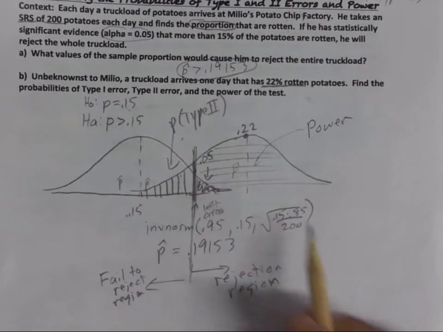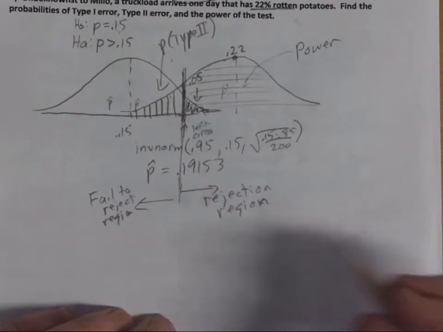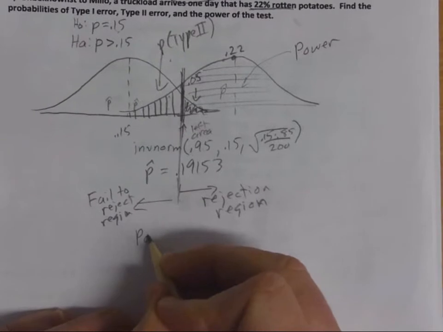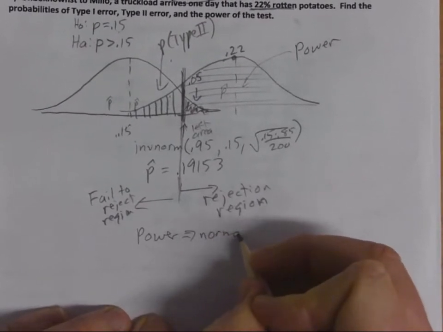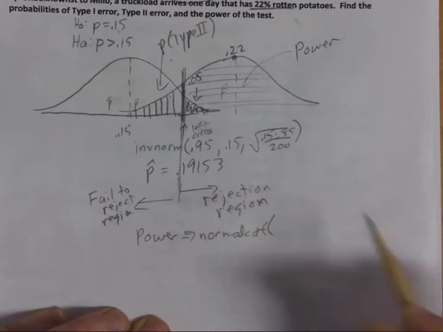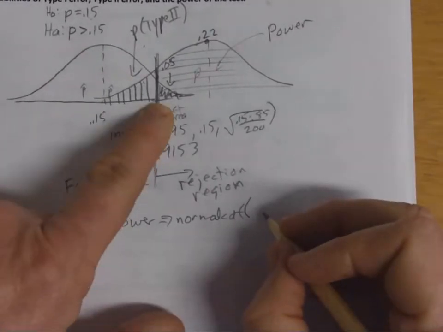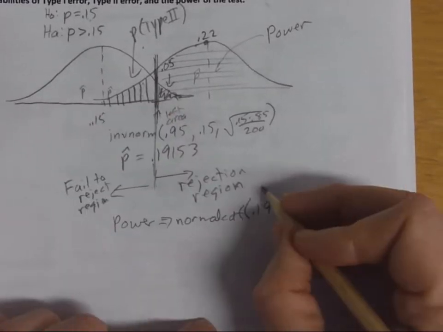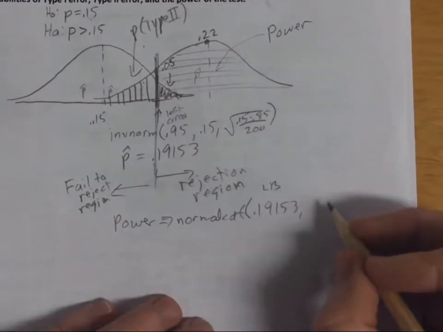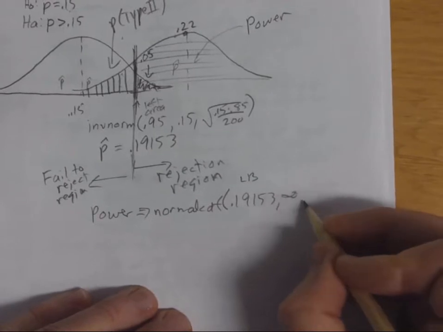So how can I find this area for power? Our old friend normal CDF. In regards to power, we would say normal CDF, and then this would be 0.19153, and our sample size cannot change. That is my lower bound. My upper bound is just infinity, or you can just put a big number.